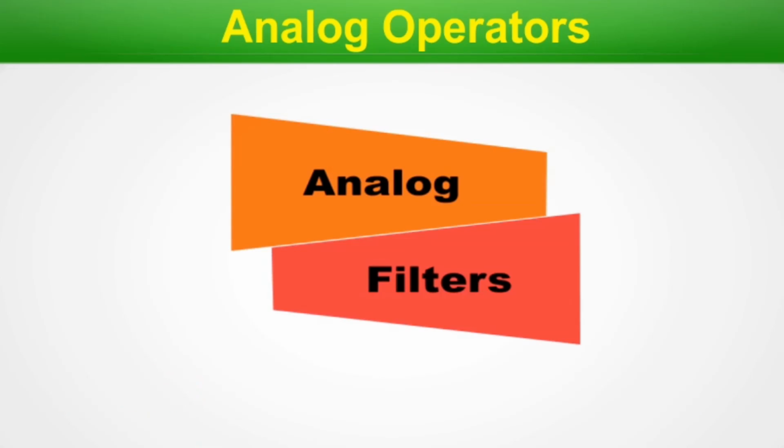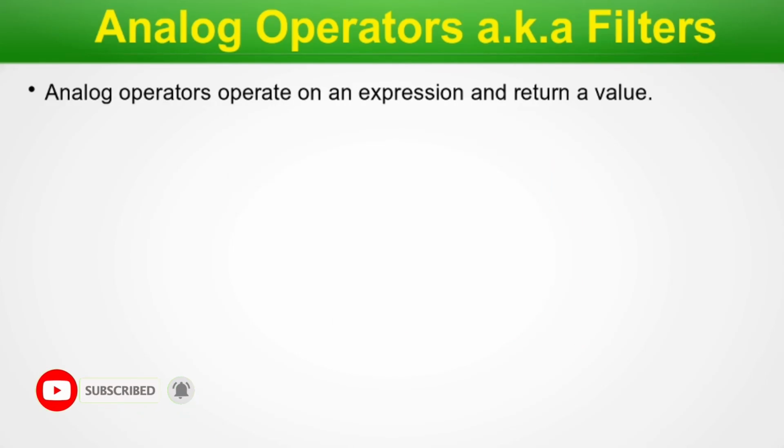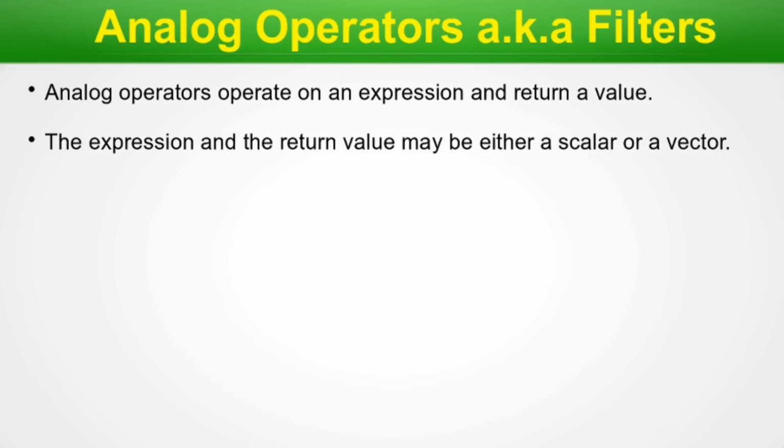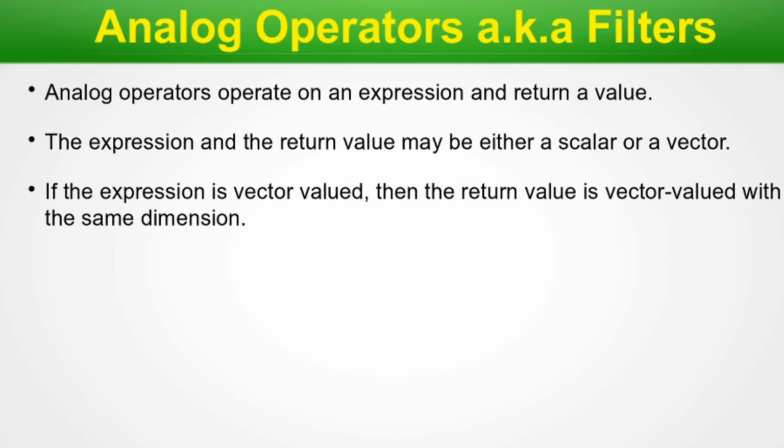Analog operators. These are also known as analog filters. So let's look at what the analog operators are. Analog operators operate on an expression and return a value. The expression and the return value may be either a scalar or a vector in nature. If the expression is vector valued, then the return value will be vector valued with the same dimension.